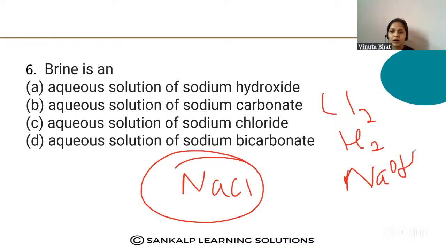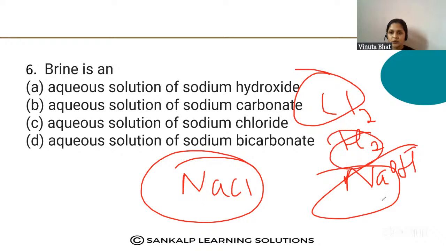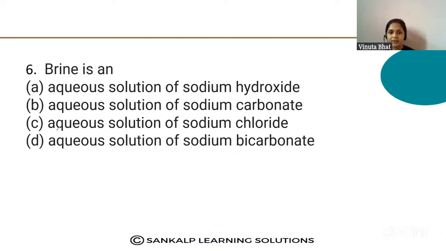When current is passed through this sodium chloride solution, chlorine, hydrogen and sodium hydroxide are formed using a cathode and anode. The correct answer is aqueous solution of sodium chloride.